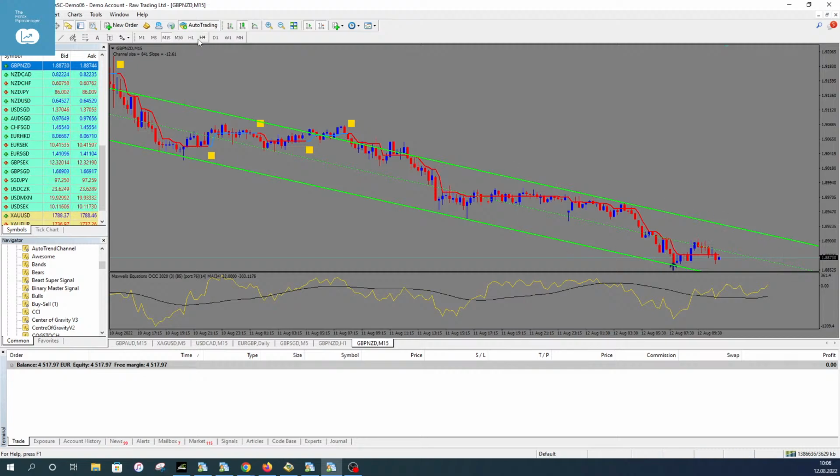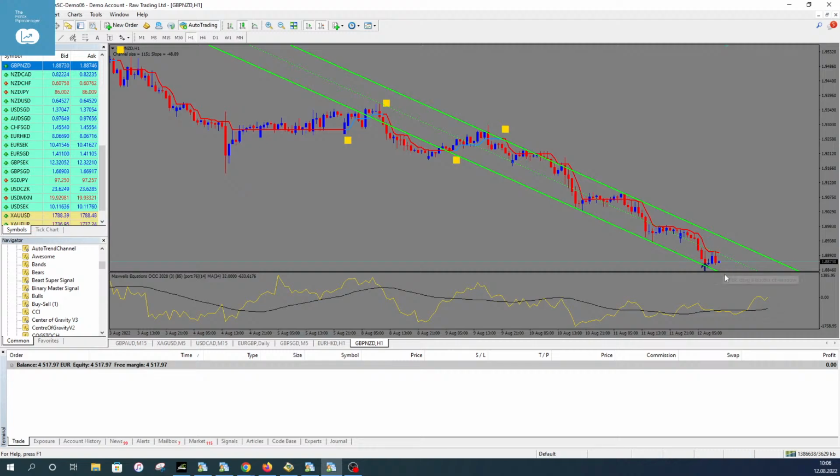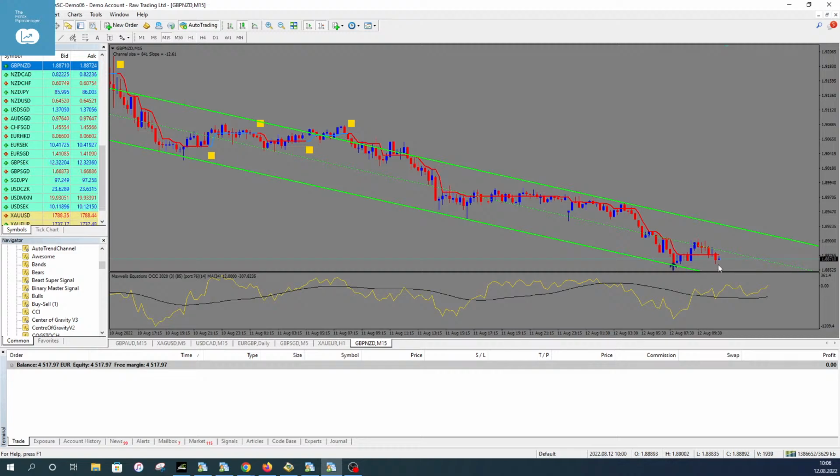So in this case, the first rule is fulfilled. We have the blue arrow, we have the bounce off this lower channel line, and we now need the yellow box below the price so that we get a buy trade.